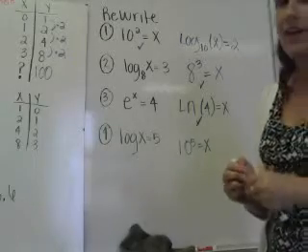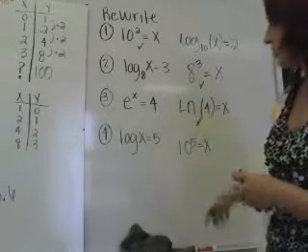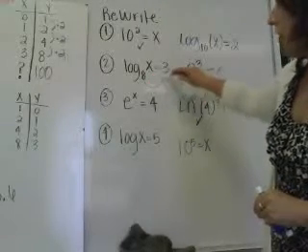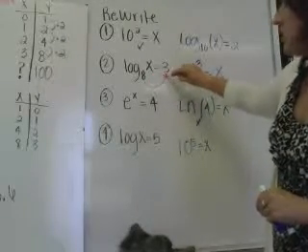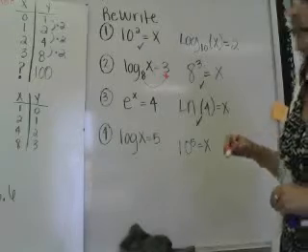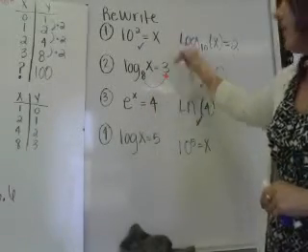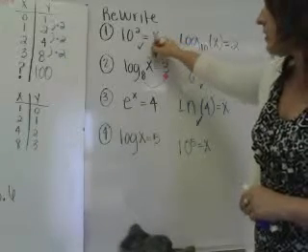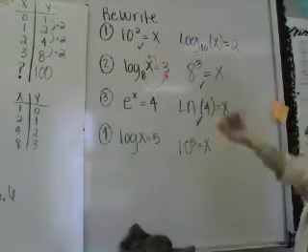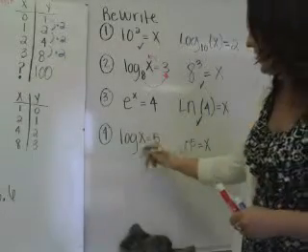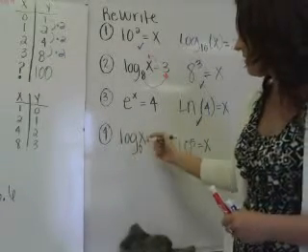Alright, so I'm going to show you how to kind of use the wheel trick with number 2. You start with the base, and you go around to the other side of the equal sign. That's your base, that's your exponent. 8 to the 3rd power. And then it's just equals x. Alright, it would work the same for number 4. You would just kind of have to write the 10 in there, in that spot where the base is supposed to go.